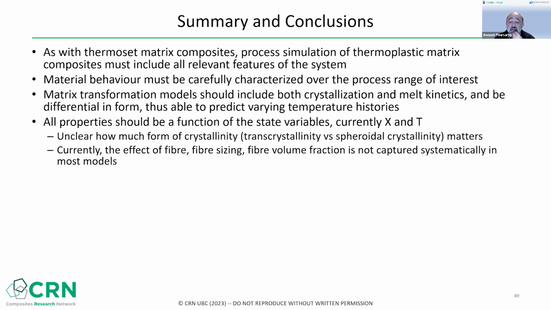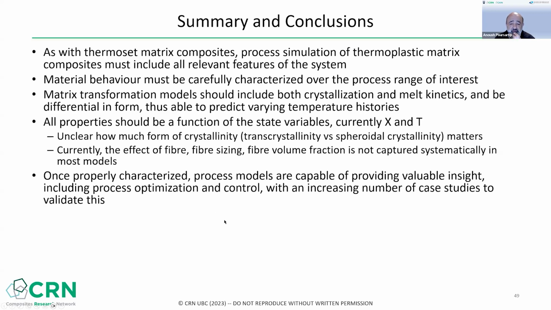In the future, that may need to be a bit more complex. And at the moment, if you have a different fiber or fiber sizing or fiber volume fraction, you have to do enough tests on that configuration to be sure that the models apply, or modify the models so that they apply. At the moment, we can't put those in as independent state variables.